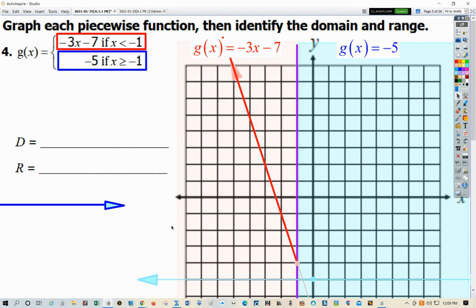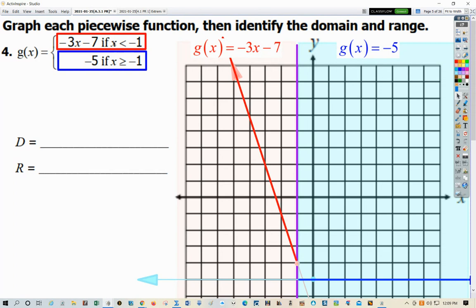So that's going to be over here to the right. So it only gets graphed over here. Everybody see that? Give me a 1 to 5 on that. Okay, I only get to keep my graphs where they're defined.